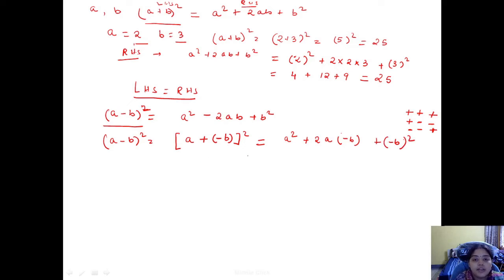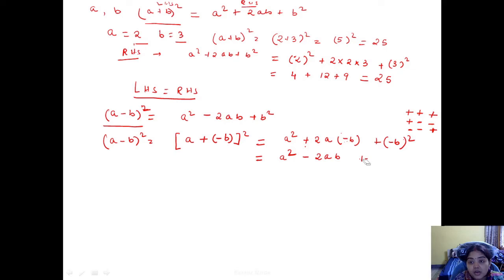Minus b whole square, fine. So a square, what we can see here, now here it is minus, here it is plus. As we can see, plus and minus, when it results into a minus, it always results into minus. So we would write here a square minus 2ab plus.